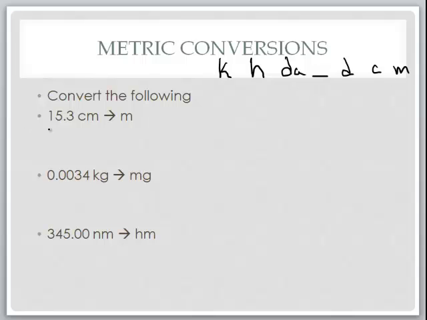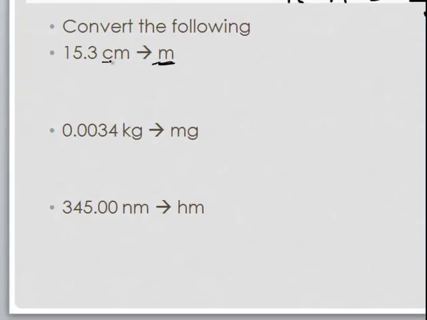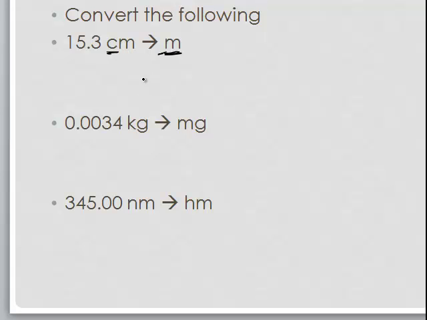So if we're going to convert 15.3 centimeters to meters, we need to go from centimeters to the base unit, meters. Notice there's no prefix in front of the m, so the base unit would be meters. As soon as you put a prefix in front of it, then you have to decide how many of that base unit you have. So when we say a centimeter, that's 1/100th of a meter.